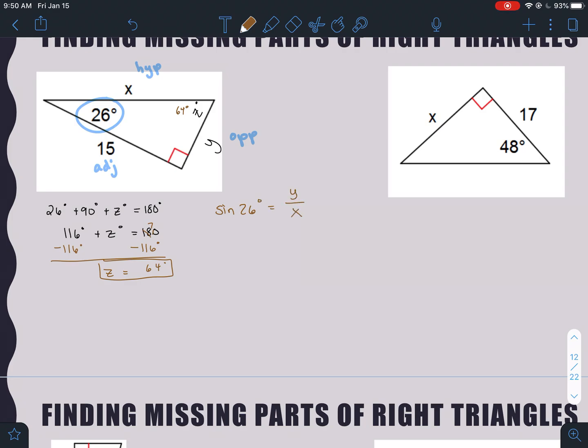Notice I can't use that one because we are missing two sides, so it has two variables in it, so I can't use the sine equation. The cosine of 26 is going to equal the adjacent side over the hypotenuse, so it'd be 15 over x. Notice that one was only missing x, so we're good. We can use that equation. And then the tangent of 26 is going to equal the opposite side over the adjacent, so it would be y over 15.